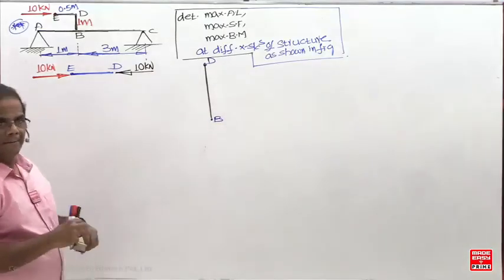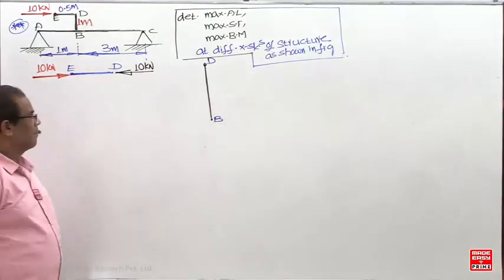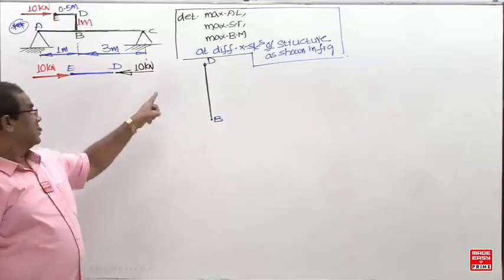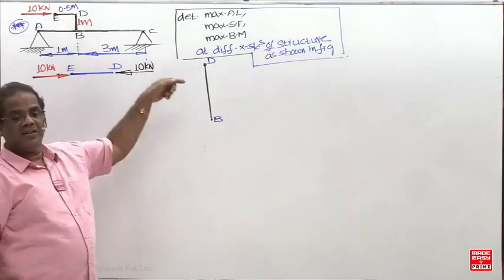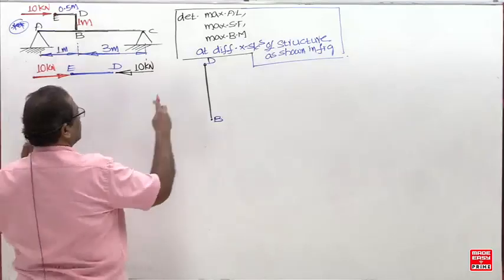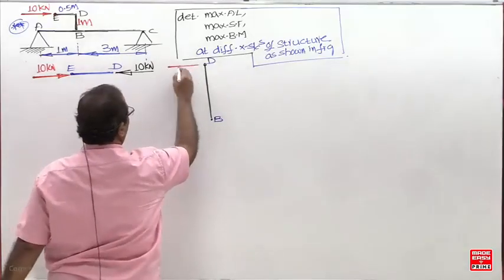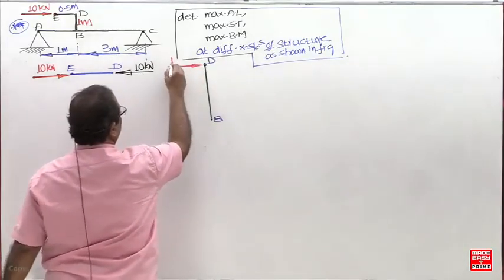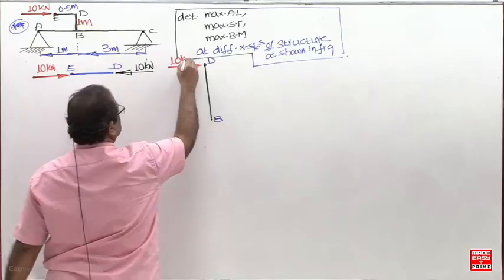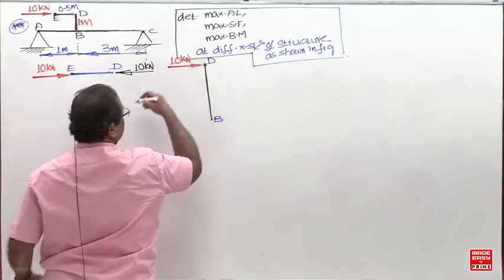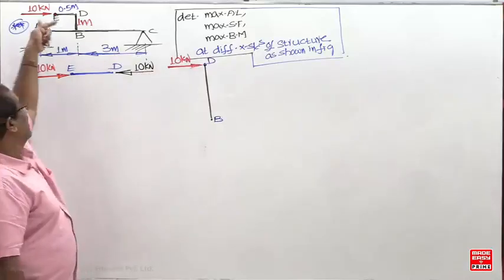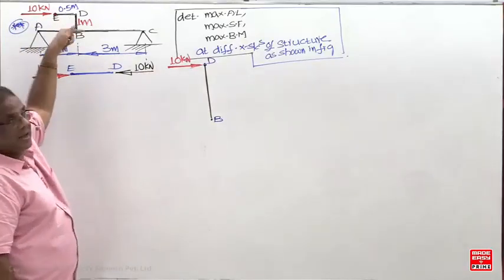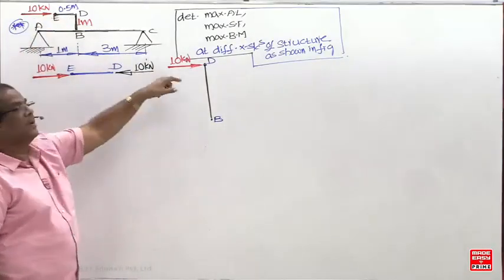Now, the action or reaction: the action will be on which side? Now, towards the left side. Action and reaction are equal but opposite in direction. So for this 10 kilonewtons, the action of DE onto BD.